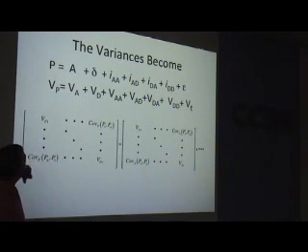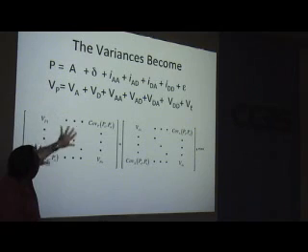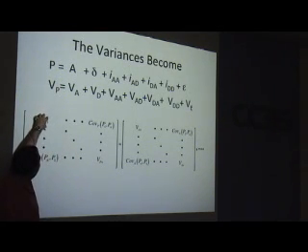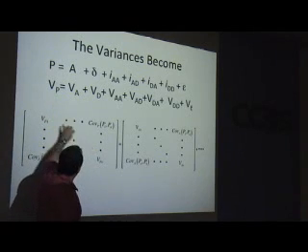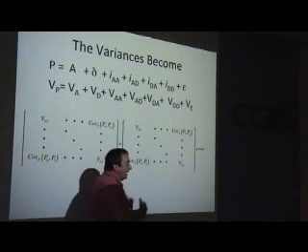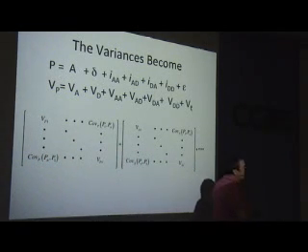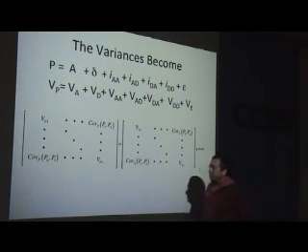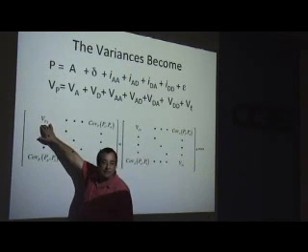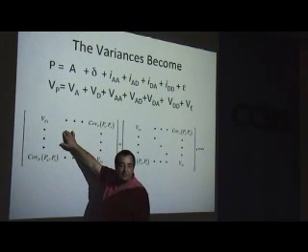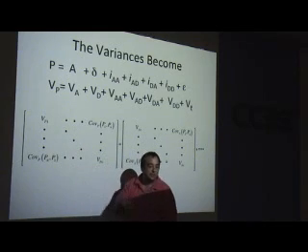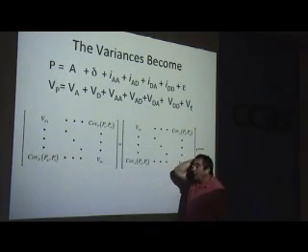And so, in fact, this VP becomes this, which has, along this diagonal here, the phenotypic variances for each of the individual traits. So again, this is a phenotypic variance in milk yield, this is a phenotypic variance in butter fat, phenotypic variance in disease resistance, what have you.